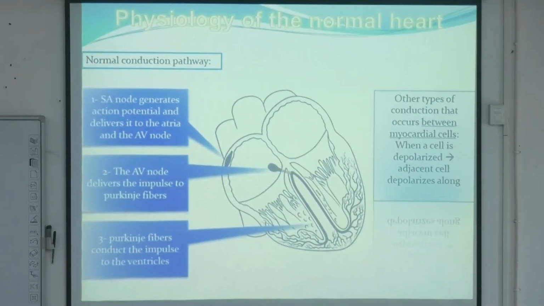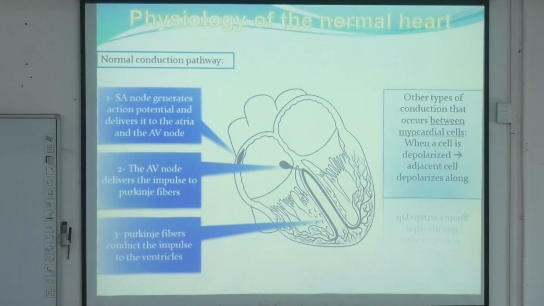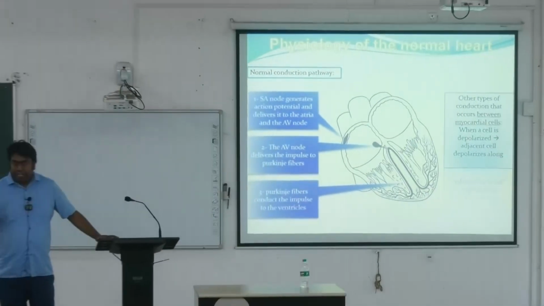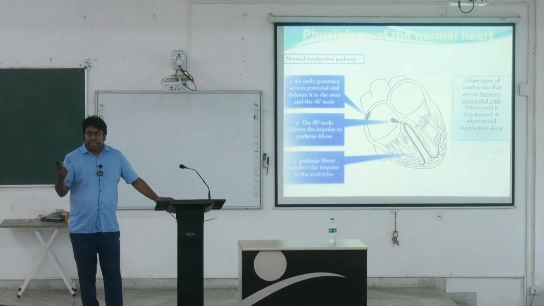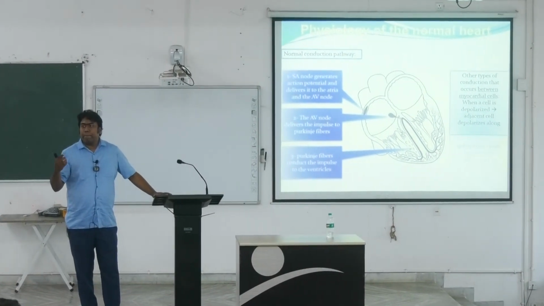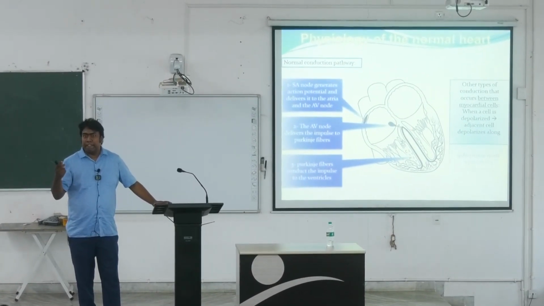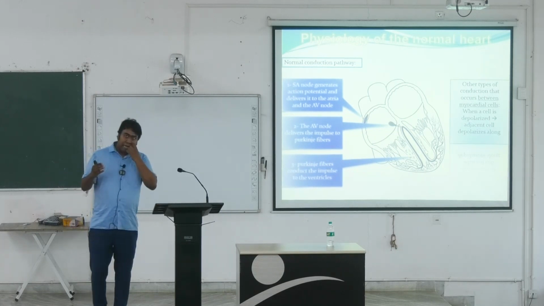Now, when the impulse generated goes into the ventricle and the ventricle is stimulated, there is some mechanical stimulation that produces the contractility of the LV, left ventricle, that leads to cardiac output.